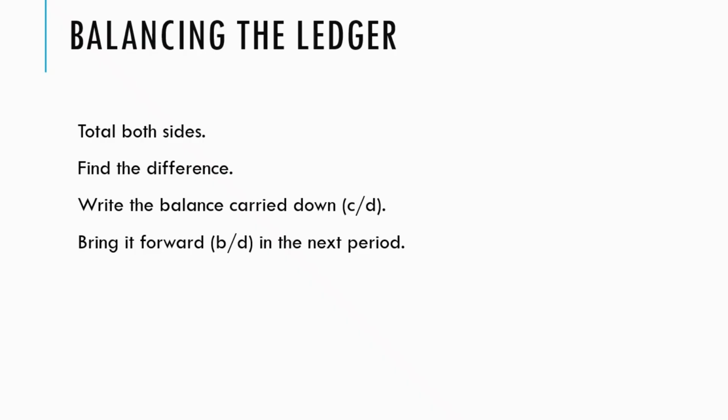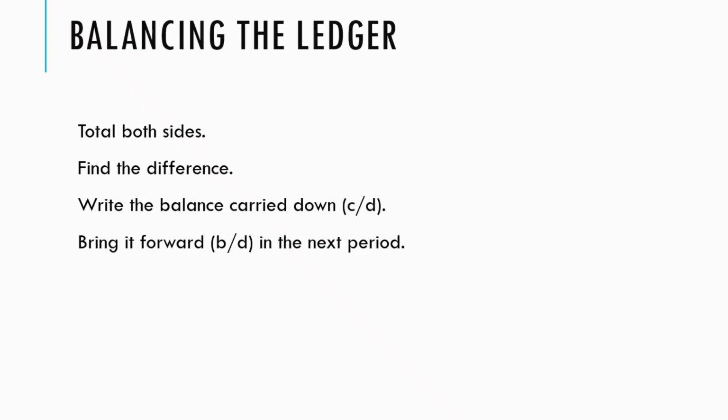You have to take a total of both the amounts. Then you have to find the difference between the debit side and the credit side. Whatever amount the difference between both sides is will be carried down to the next period. And we are going to write that as this amount carried forward, this amount brought down.